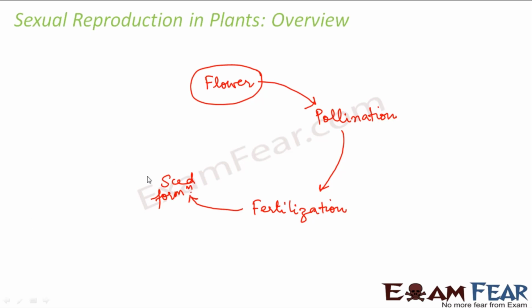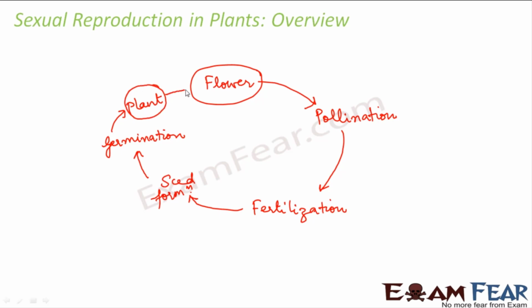Right? Now once the seed is formed, the seed will remain inactive during the unfavorable conditions, but when favorable conditions are present, the seed will develop into a seedling and the seedling will develop into a bigger plant. So the next step would be germination, that is formation of seedling from the seed. Once a seedling is formed, that seedling will grow and form a bigger plant.